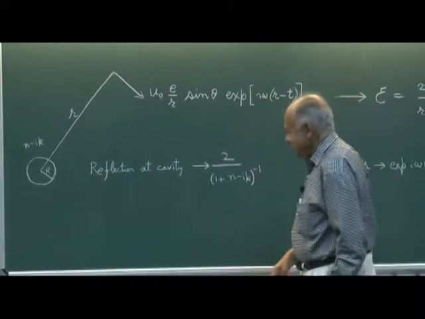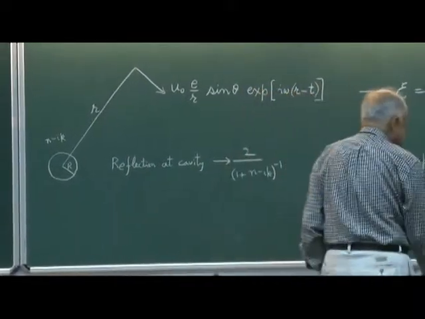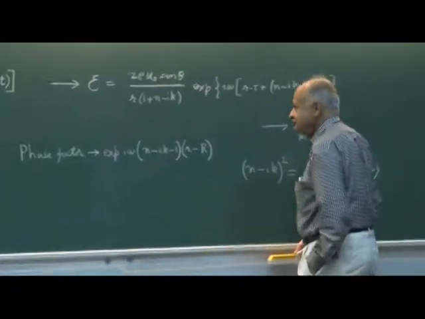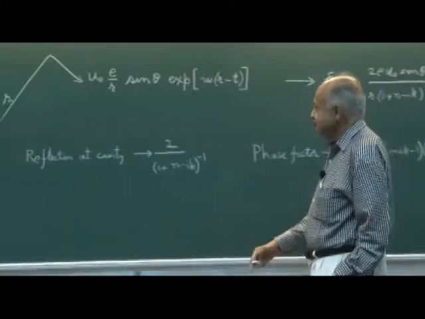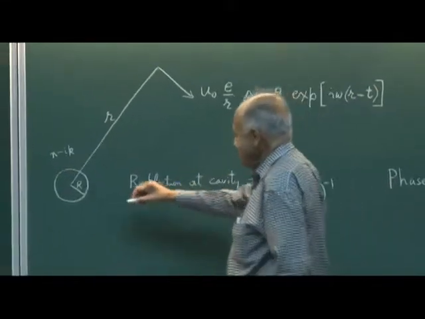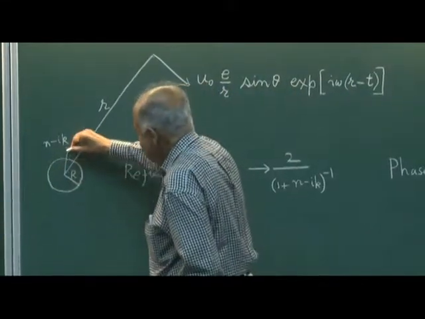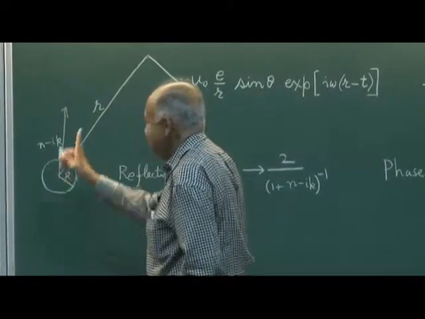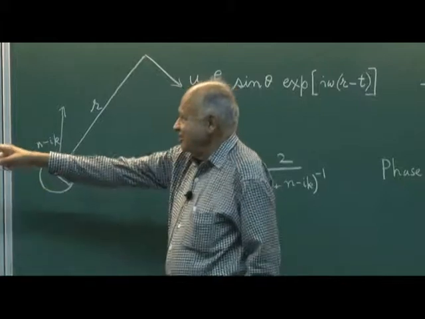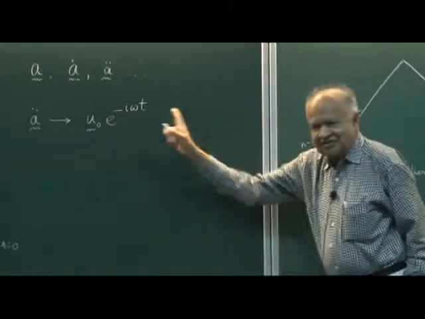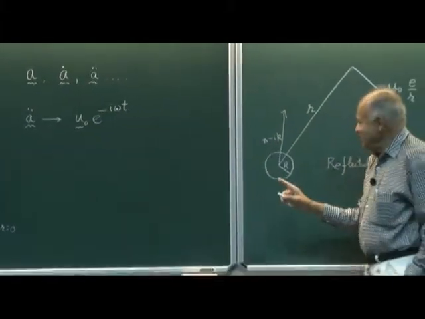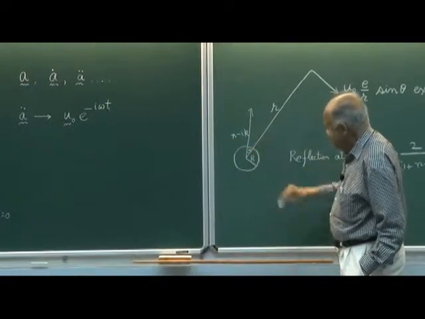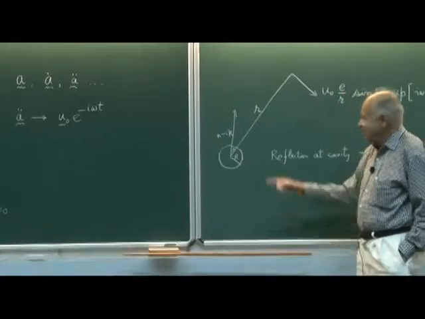So, this is the simple solution. You can take this as the original direction in which this component u naught was directed, and you take this angle as theta, any particular direction.